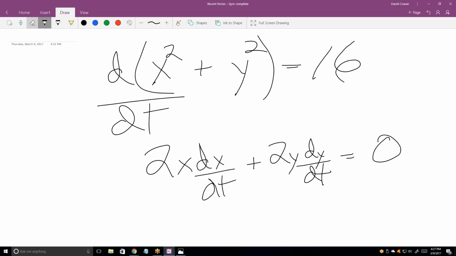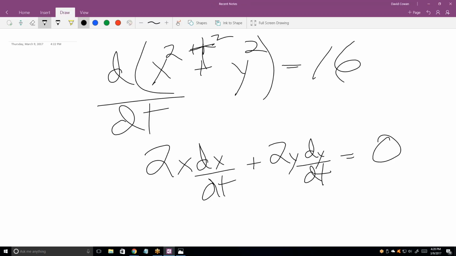Or if I had another variable, r squared, in there, then I would have to follow that with dr/dt. If I ran into a t squared, that's the only variable where I would just differentiate it, and I would not have to follow it with a dt/dt, although you could certainly think of it as doing that, it's just that that's always 1.